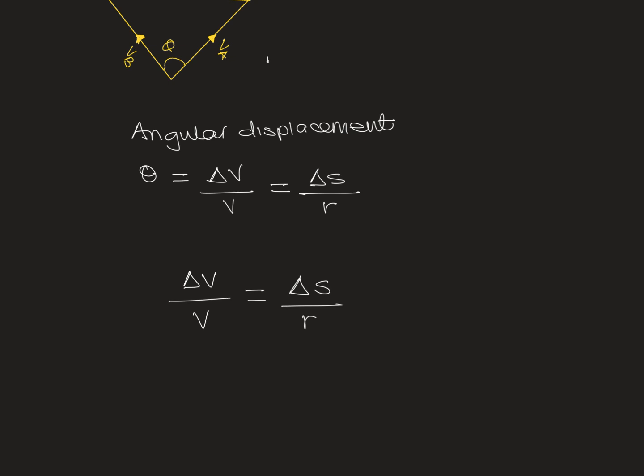So I can divide both sides by delta T in order to get something.